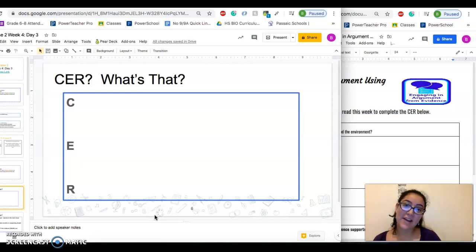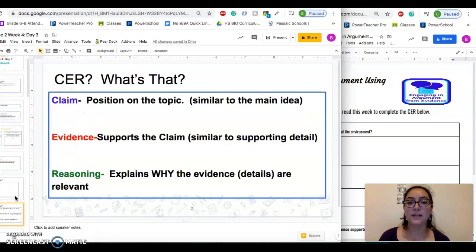What does the E in CER stand for? Evidence. And the last one, R, reasoning. Okay, so CER, the C stands for claim, the E for evidence, and the R for reasoning.